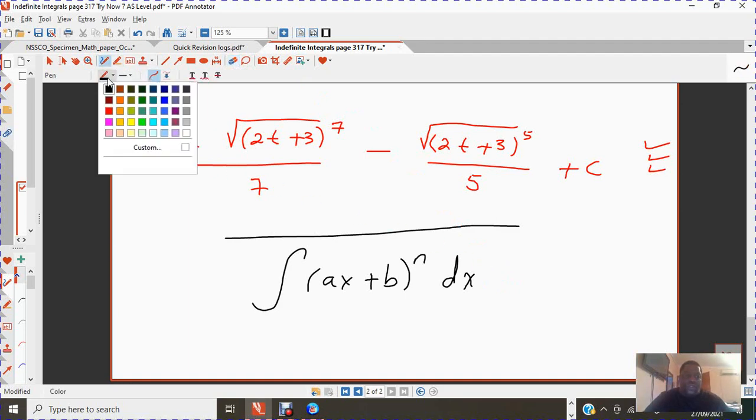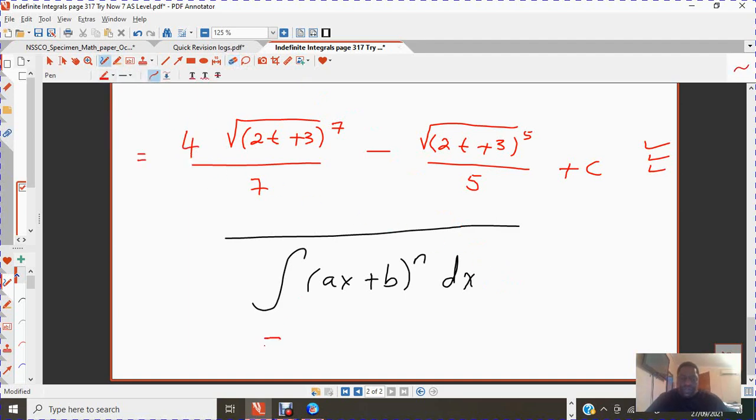If you integrate, it should be 1 over a, and then inside here you're going to have n plus 1. Maybe I should write it a little bit neater, so I can have my 1 right in the middle.